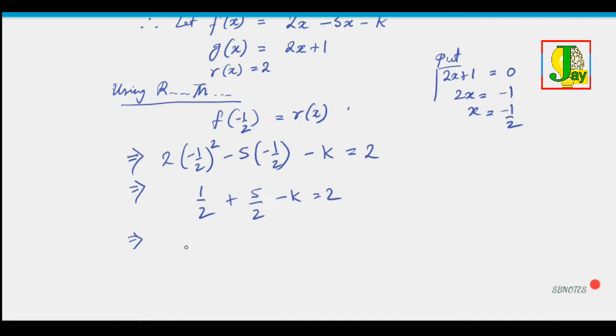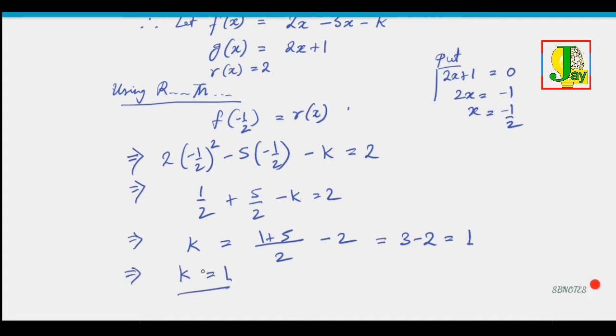So once we take k to that side, k equals, I'll take 2 to this side, so half plus 5 by 2, that is 1 plus 5 over 2, and 2 goes to that side, that is minus 2. So you have 6 by 2, 3 minus 2, so that's 1. So k is 1.